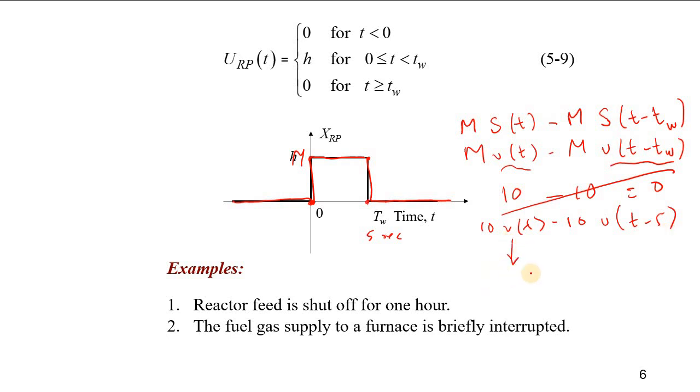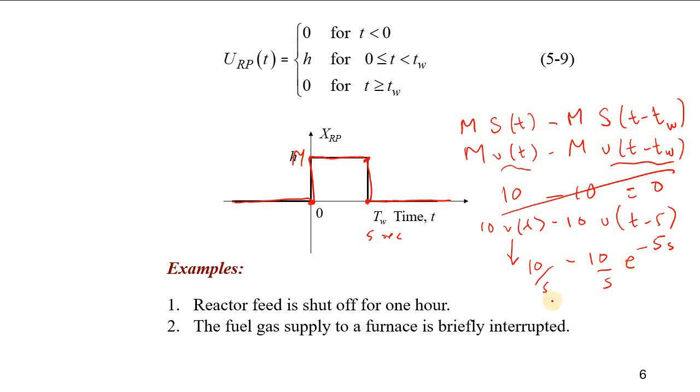This is represented in the S domain as 10 over S. This is a number, so it will be 10 over S minus 10 over S. And we said that we will use the delay idea. It's like there was a delay of the action. This step did not start from 0. It started after some time, after 5 seconds. And the way we represent that after 5 seconds is like that in the S domain.